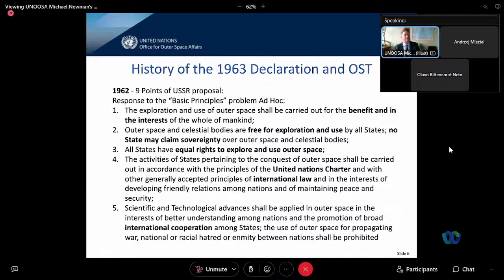There would be an emphasis placed upon international cooperation of states, and some language that created some issues a little bit on use of outer space for propagating war, national and racial hatred, these kinds of things. We will see how those ideas played out as well.